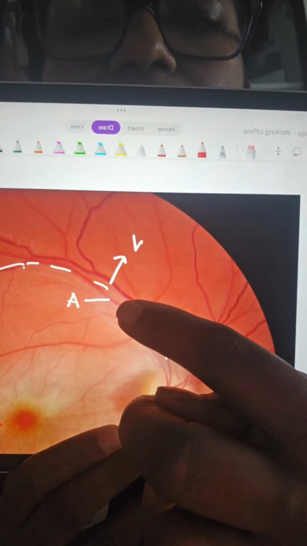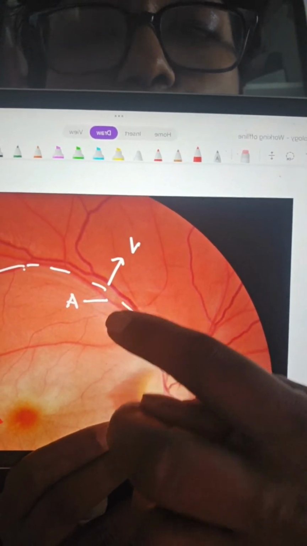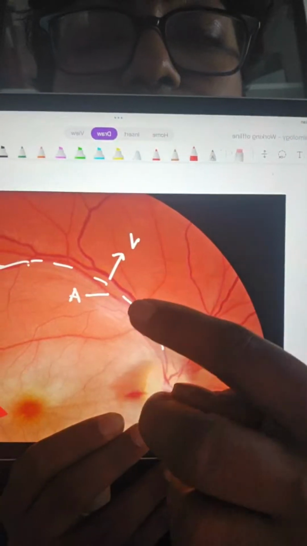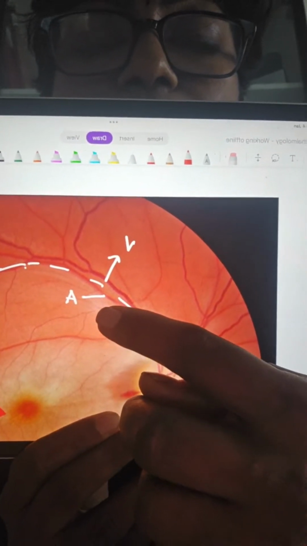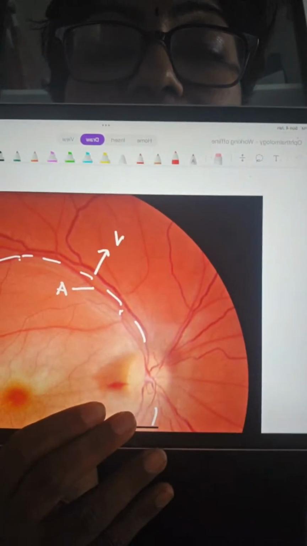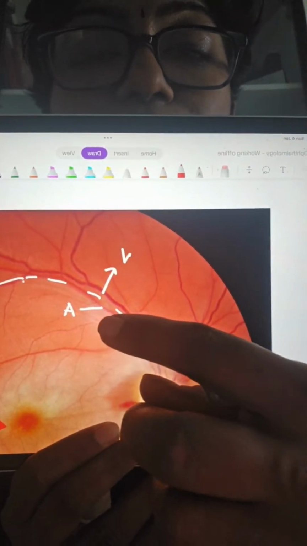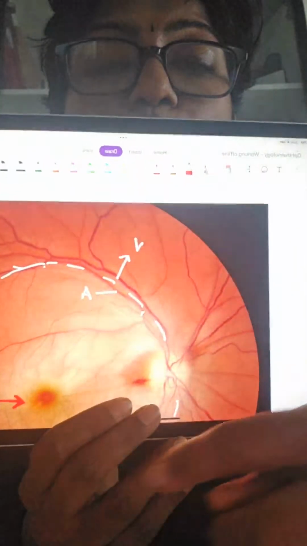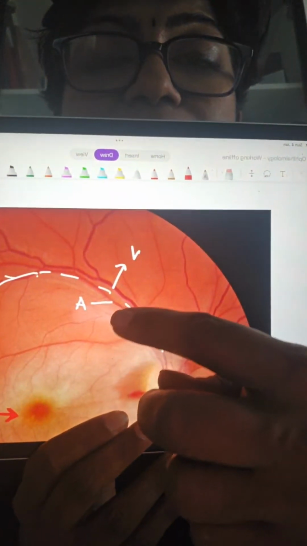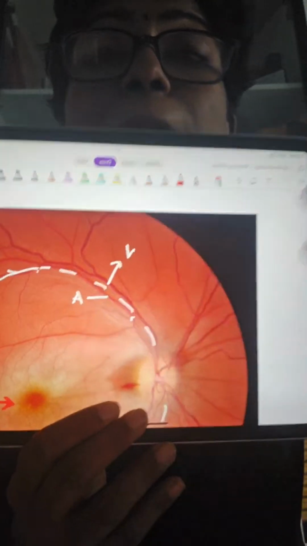The artery is thinner and lighter. Normally AV ratio is 2:3, but this I would put as 3:4, because my artery is more thinned out because of the atherosclerotic changes. So I'm looking at the whole picture with generalized attenuation of the arterioles plus the cherry red spot, and that is why I'm calling it CRAO.